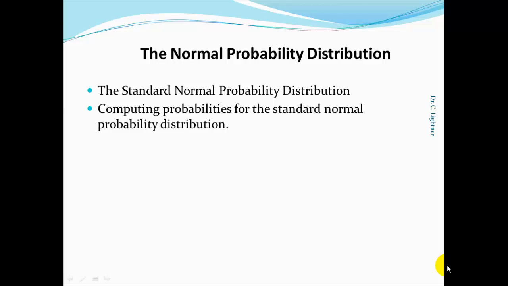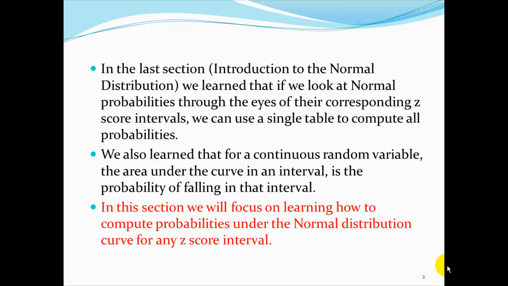In this section, we will discuss the standard normal probability distribution. In the last section, we learned that if we look at normal probabilities through the eyes of their corresponding z-score intervals, we can use a single table to compute all probabilities.